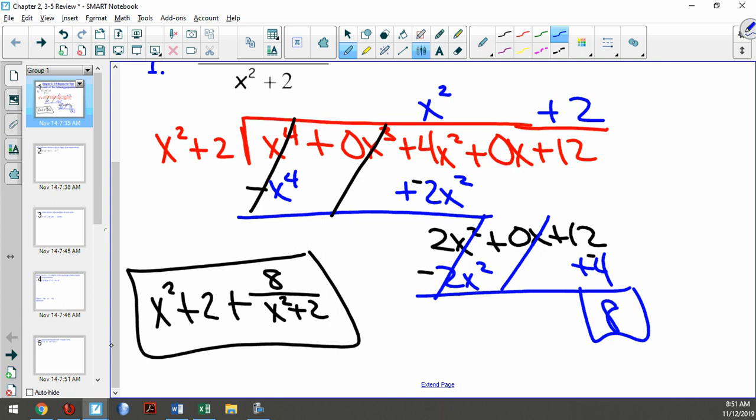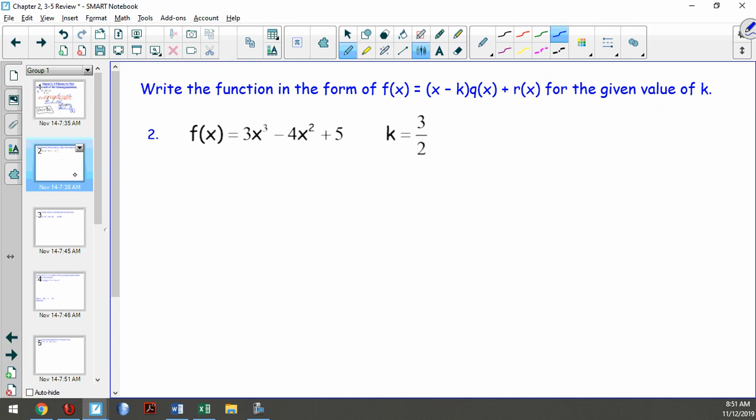All right, the next set of instructions says write the function in the form of f of x equals x minus k times q of x plus r of x. Okay? What this means is I want you to do synthetic division. Do we all understand that?